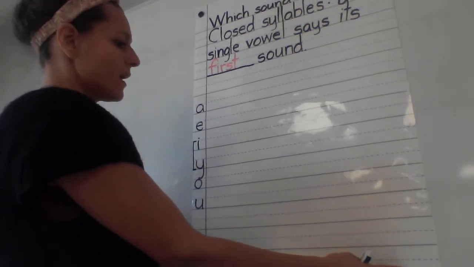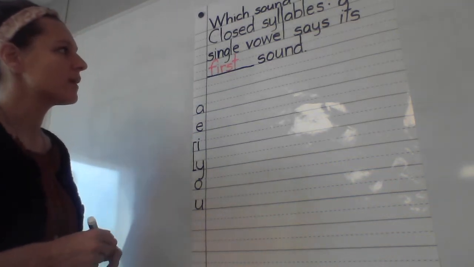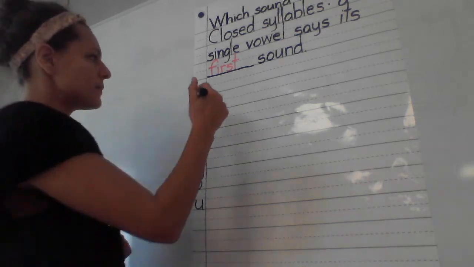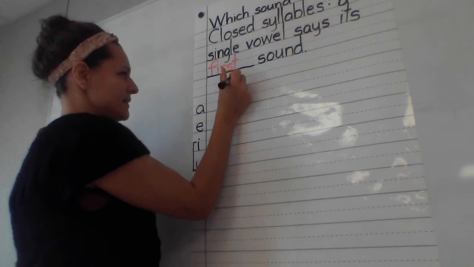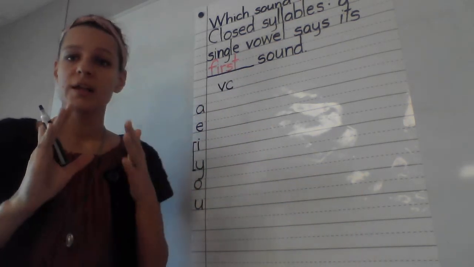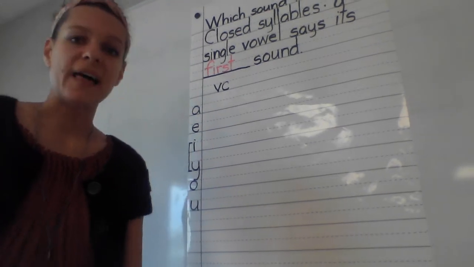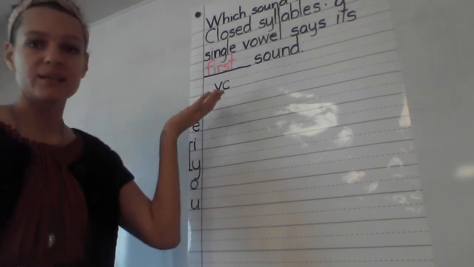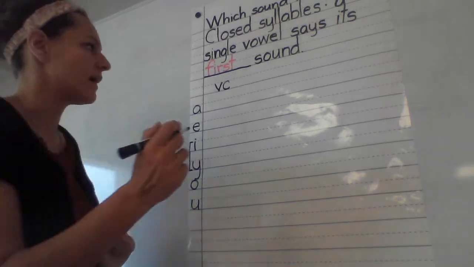All right, so we are going to do examples of a few words that are closed syllables. And up here, I'm going to put VC, all right? That stands for a word that has a vowel and then a consonant. If it's a vowel and then a consonant, it's going to be a closed syllable because there's a consonant after that vowel.